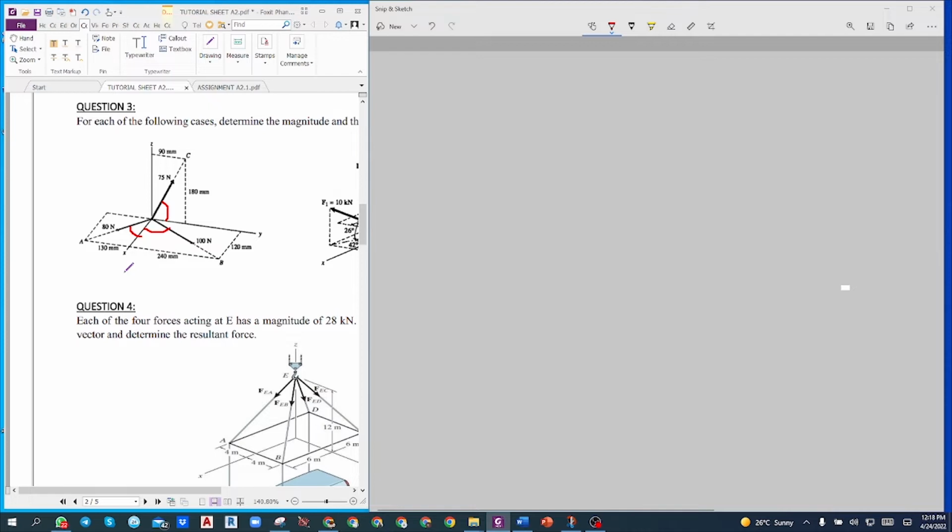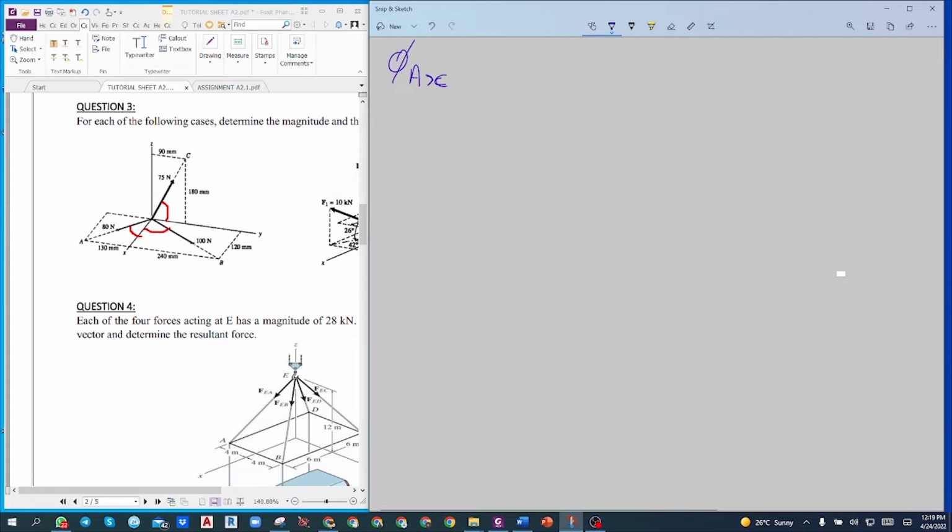So I'll start with getting the angle, which I'll call phi. I'll start with phi A. Now phi A meaning that angle, originating from the x.